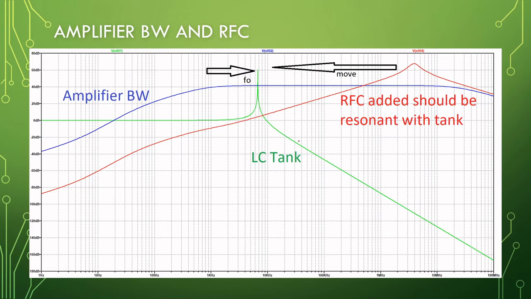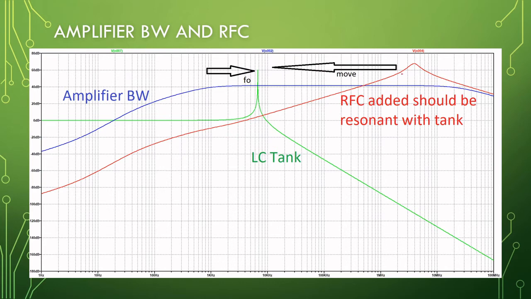Okay, so your LC tank, you should ensure that the bandwidth of your amplifier is over the resonant frequency of your tank. Okay, so if these don't match up, if this tank frequency is outside the bandwidth, your oscillation will be extremely small and your oscillator will be worthless.